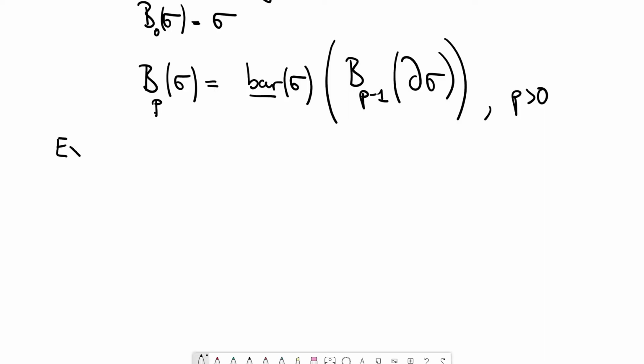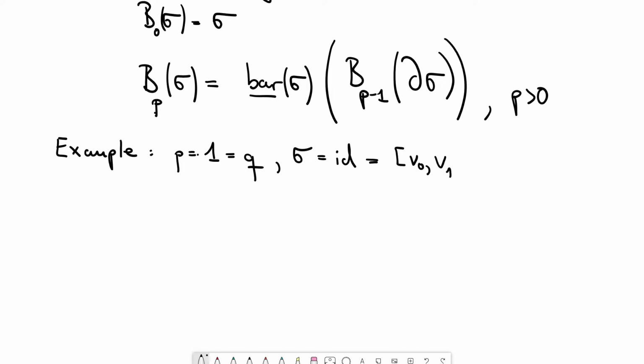So let's look at the easiest case. Well, the easiest case is degree 0, but there nothing happens. Let's look at the case where something happens, degree 1, and I want to look at the identity simplex. The identity simplex is an affine singular simplex. In our notation, we could also write this as [V0, V1]. And we have to look at B_1 sigma.